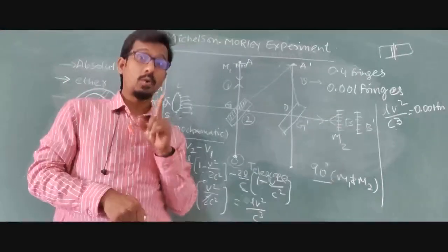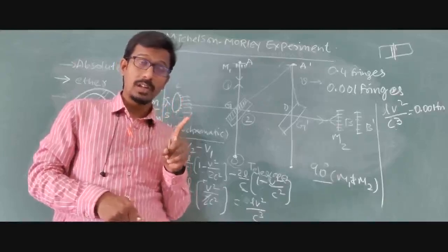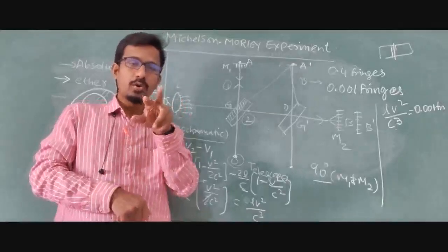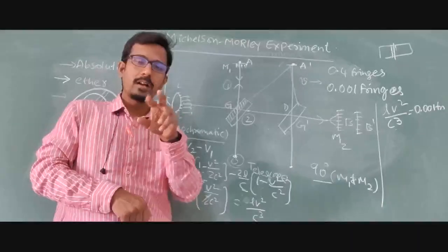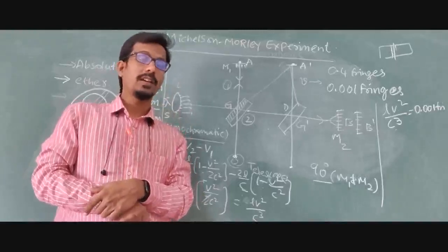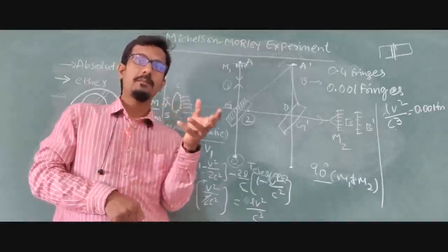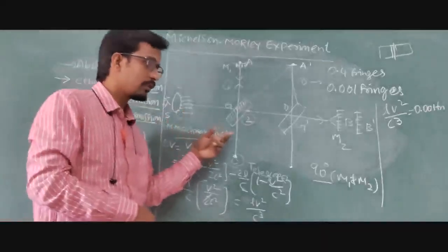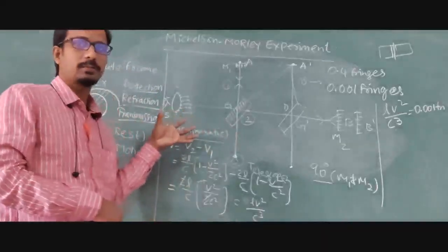The interference, please note, we will get only when there is a difference of two waves. Difference of two waves superposing, then we can get the interference pattern. But here what happened? We see no change, whether the light is going along the direction of the Earth or stationary with respect to the experiment.